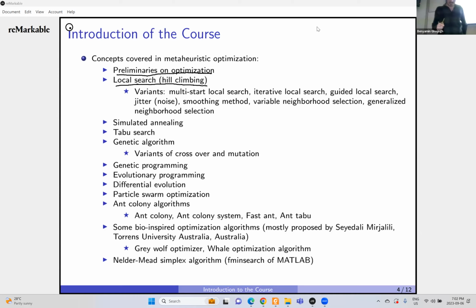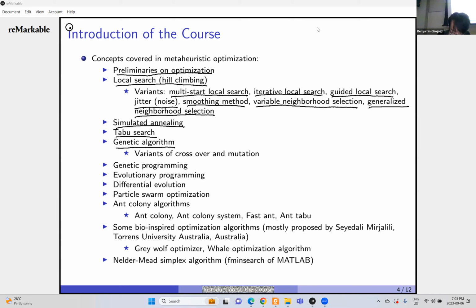So local search, its variants. We will cover different variants of algorithms, such as multi-start local search, iterative local search, guided local search, jitter or adding noise, smoothing method, variable neighborhood selection, generalized neighborhood selection, also simulated annealing, taboo search, genetic algorithm, so variants of crossover and mutation, genetic programming.